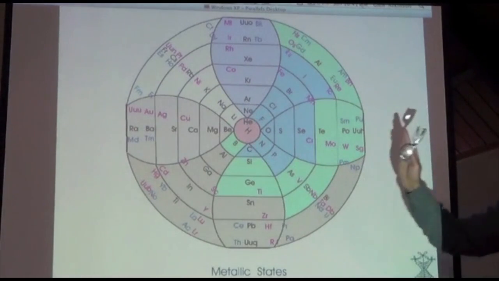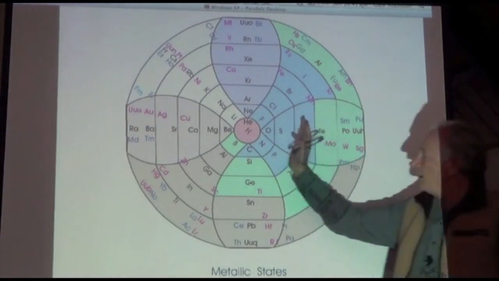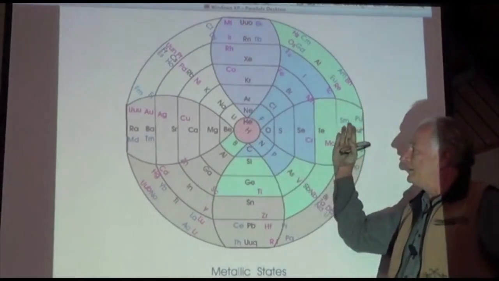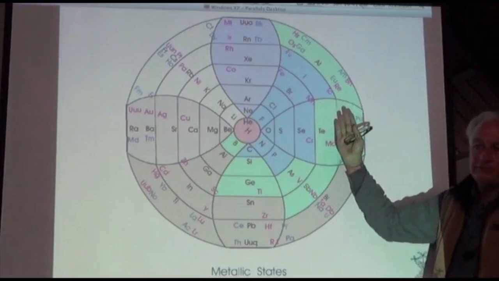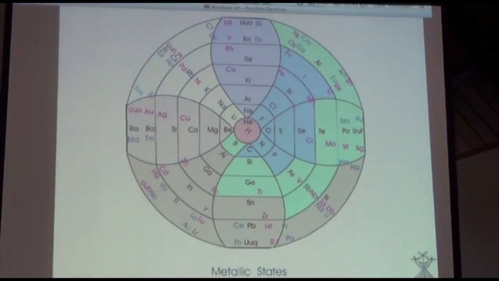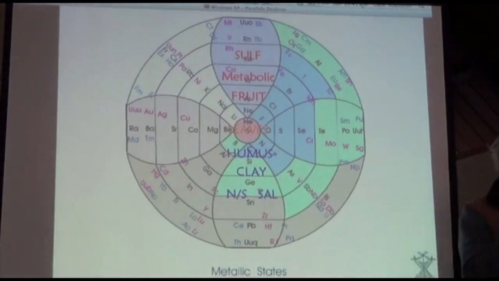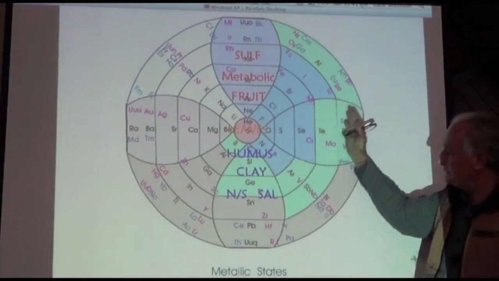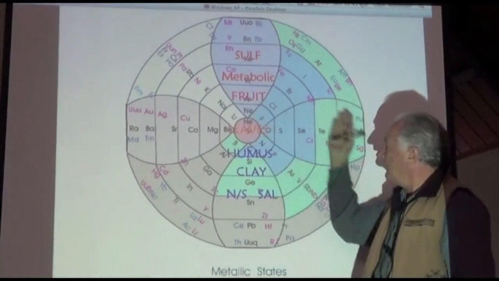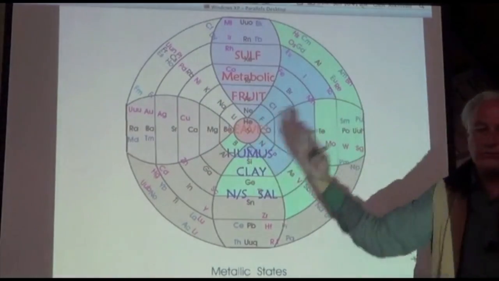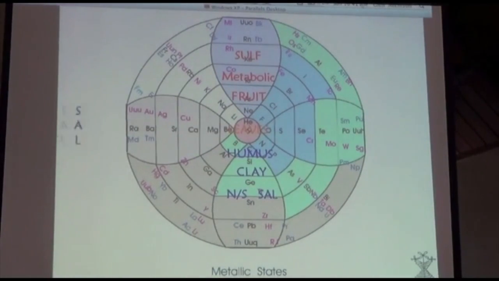Even just looking at that picture, we can identify that there's quite a different quality to these two sides of this structure. And so we can put on what we've already got, which is these parts of the plant. But then we can identify that these metals are much more dense and consolidated and contracted than the non-metals. And so we can start to see that we have a Sal and a Sulf process running in there as well.